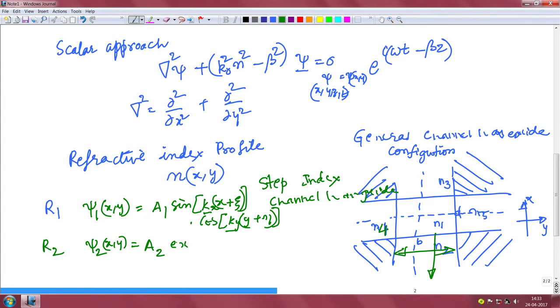So, for that we can express the field as follows: A2 is an arbitrary constant, we can say exponential, or just a minute, sine of kx into x plus psi, same as that earlier, but in the x direction. No, in the x direction it is exponential.